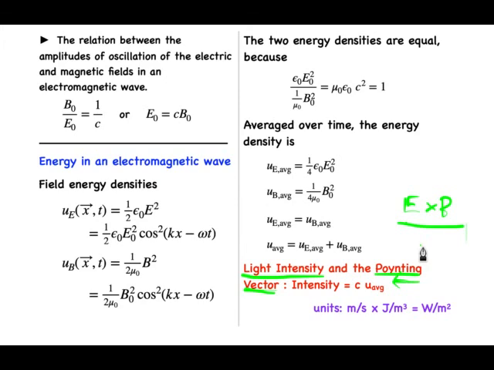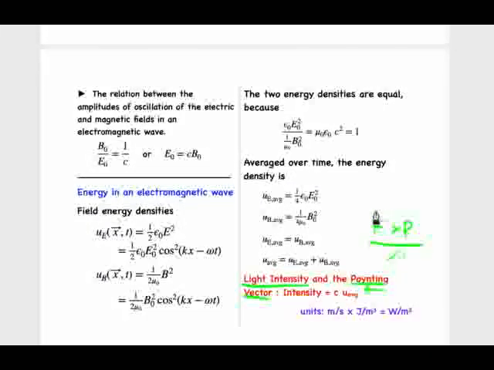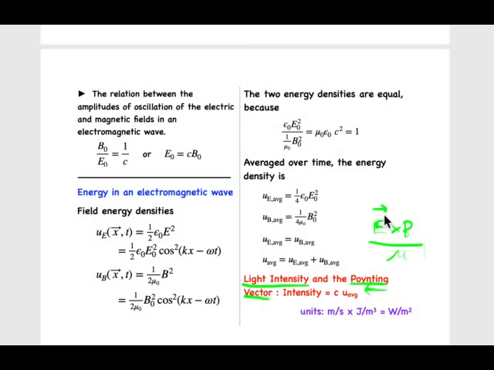That's called the Poynting vector. It's a vector. Kind of a complicated thing because it involves a cross product. It points in the direction of propagation. E points in the x direction, B points in the y direction, E cross B points in the z direction. So the wave travels in the z direction and it transports energy in the z direction.